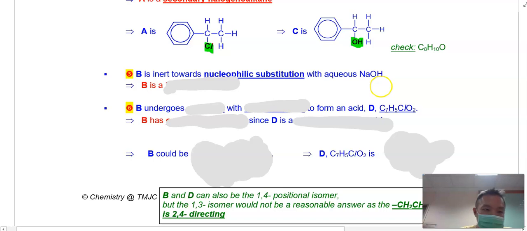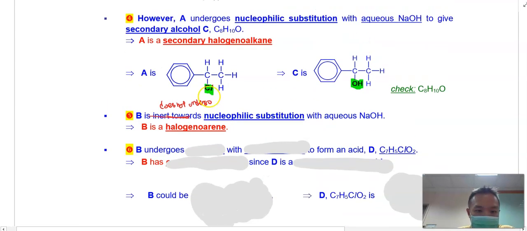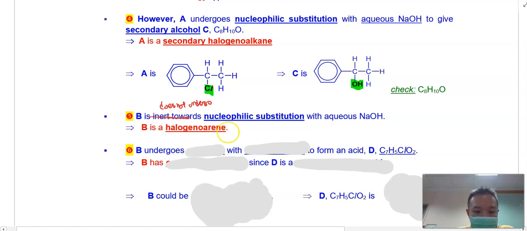Okay, I just change it up: B does not undergo nucleophilic sub with aqueous NaOH. So what must B be? B cannot be a halogenoalkane. It must be a halogenoarene. Okay, so the red statements are all the functional groups which I've deduced along the way. This is the harder one. The one I expect you guys to be able to write is all the various types of reactions.